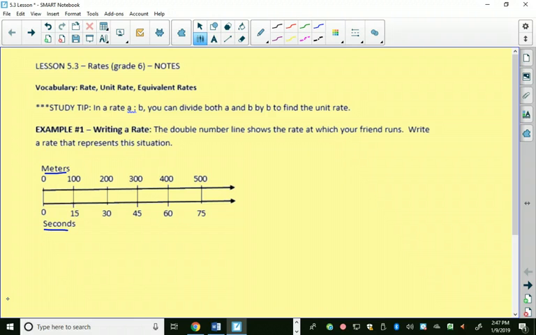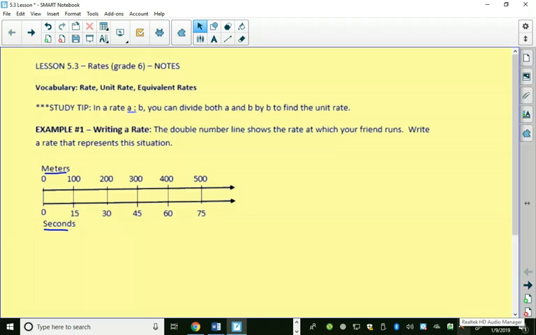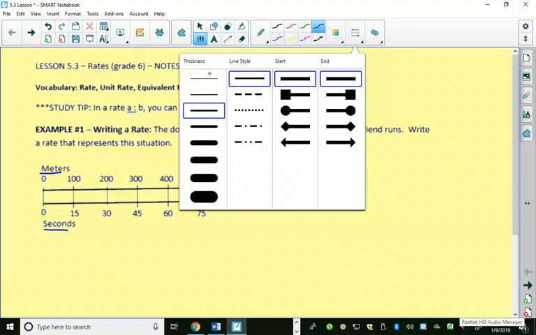Okay, so if we're asked to write a rate from this double number line, I can pick any of these lines on this number line, with the exception of 0, 0, and I'll talk about that at the end of this example. So if I pick the first line here, which is 100 and 15, let me go ahead and circle that.